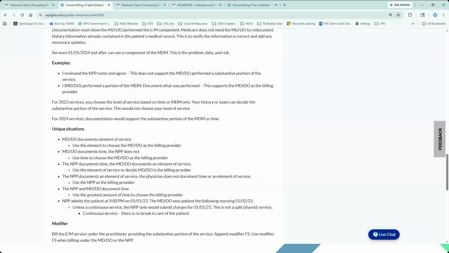If you have a split shared service and we're looking at time, both practitioners involved are going to have to document their time so that we know who did more than 50%. You could have a situation where there's time and MDM documented. You have to look at what the substantive portion of that encounter was, and they would be the billing provider for split shared.